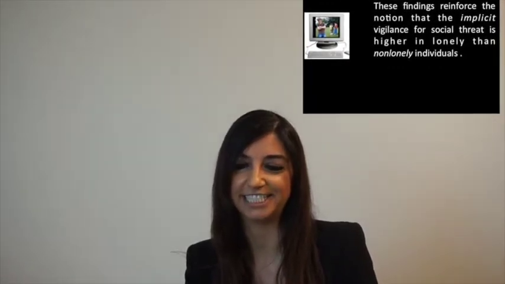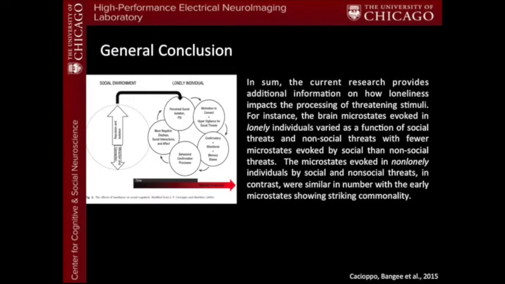Together, these findings provide more support for the notion that the implicit vigilance for social threat is higher in lonely than non-lonely individuals. In sum, the current research provides additional information on how loneliness impacts the processing of threatening stimuli.